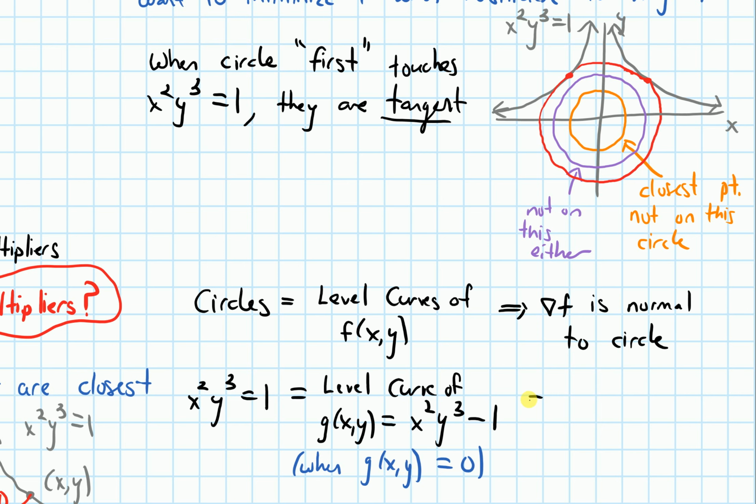Okay, so in the same way, the gradient of g is going to be normal to this level curve, x squared y cubed equals 1.